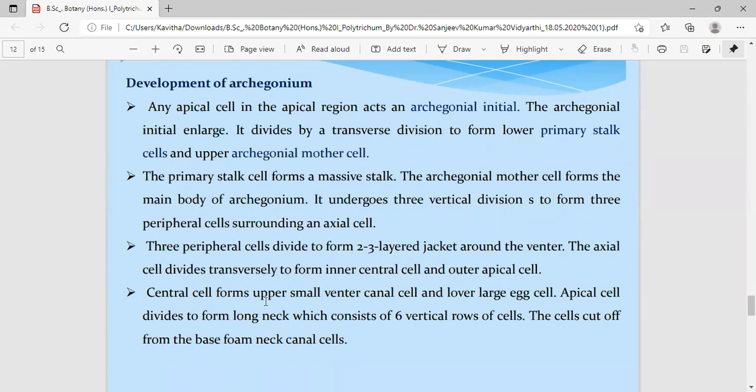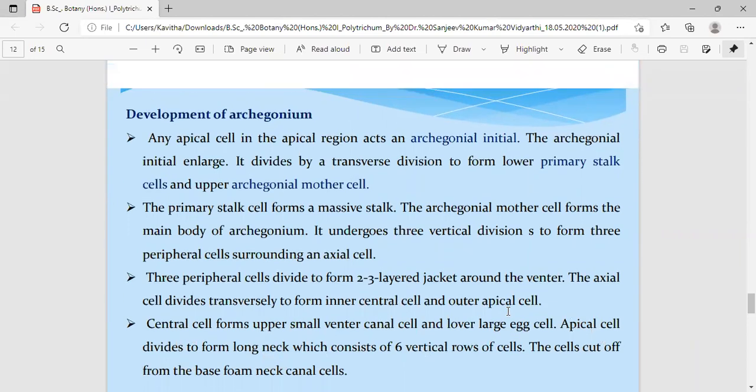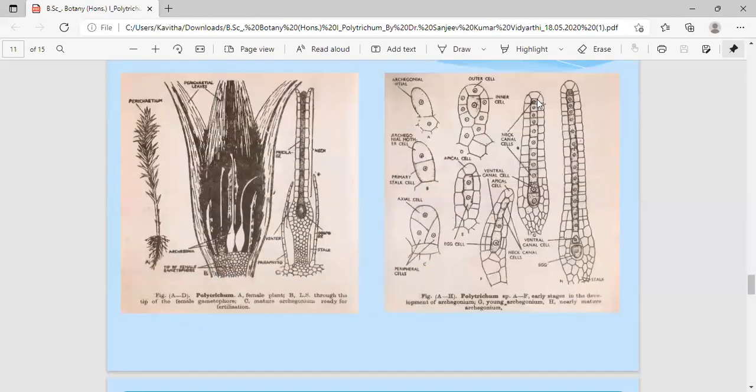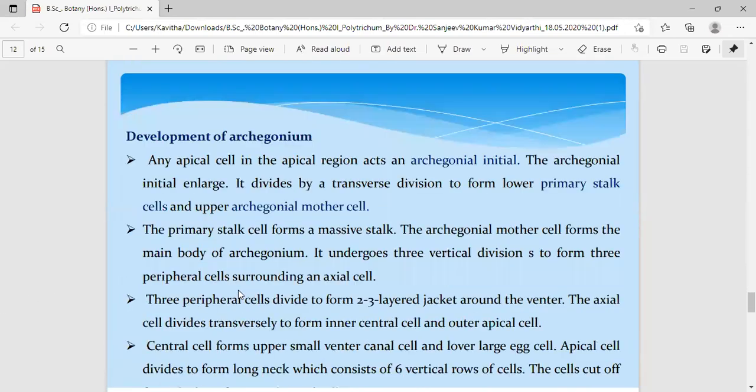The central cell will form the venter and the egg cell, whereas the outer apical cell will develop into the long neck with a vertical row of 6 to 10 neck canal cells. So this is how the archegonia is developed from a single archegonial initial in the archegonial head region.